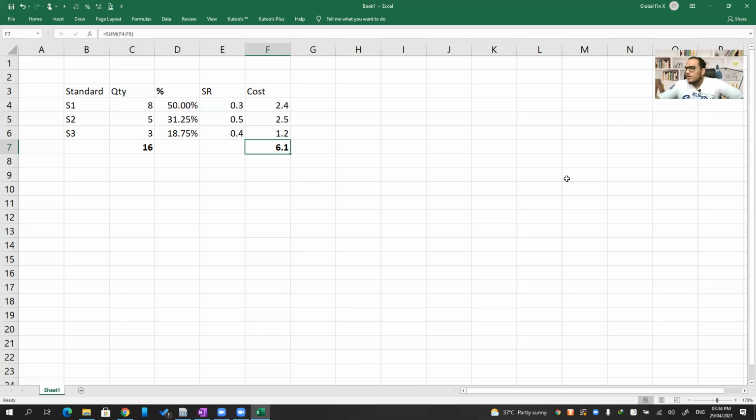Is it clear or not? I hope everybody is clear. I am not able to get any responses in the chat section. $6.1 per unit is the material standard cost. I hope it is clear for you guys. I'm moving further.